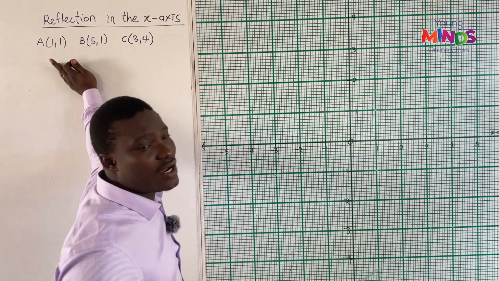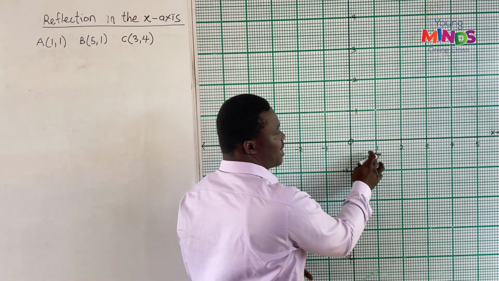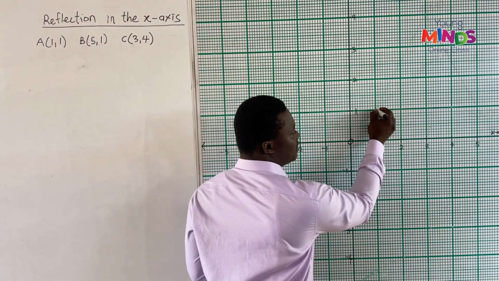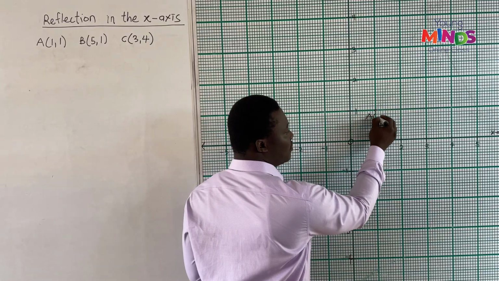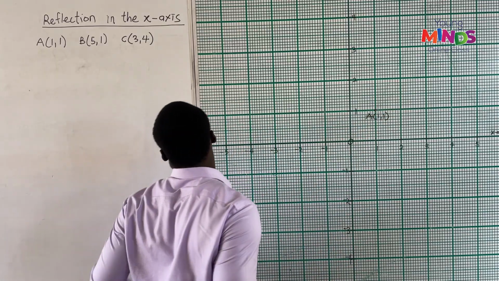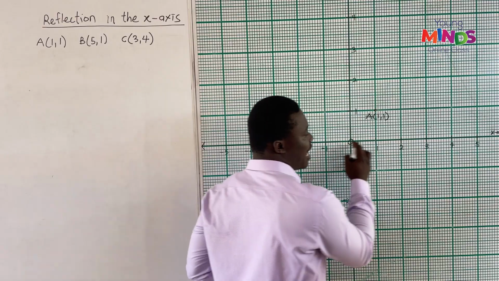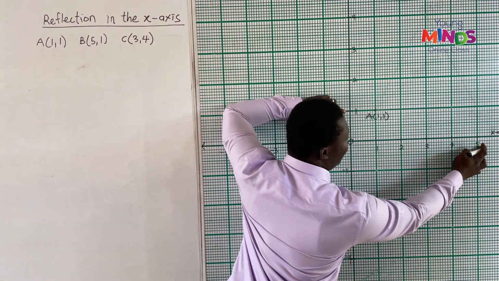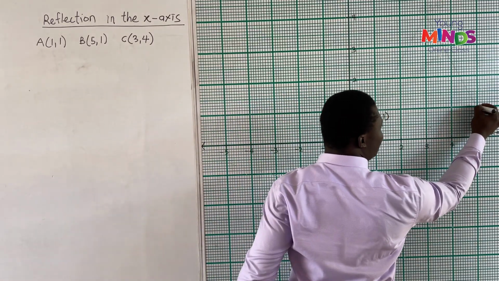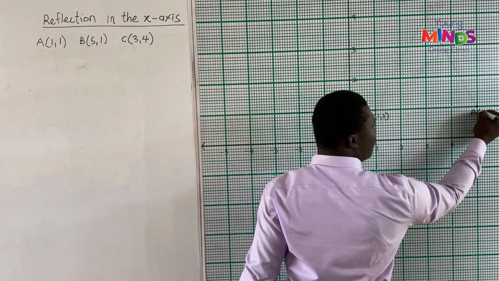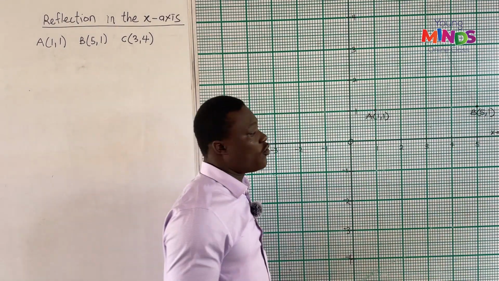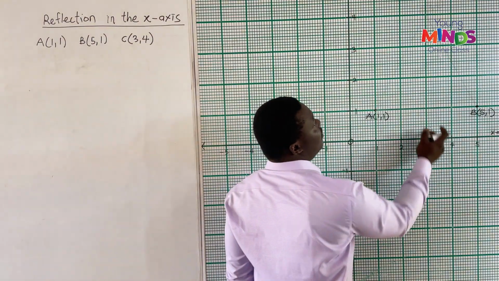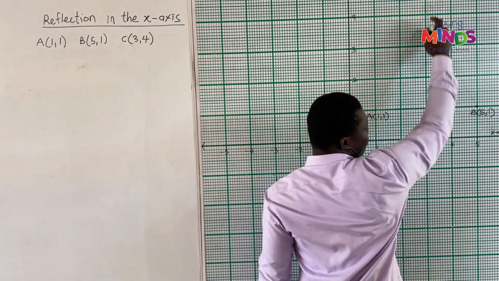Point A (1, 1): 1 on the x-axis and 1 on the y-axis. They will meet here. Point B (5, 1): 5 on the x-axis, 1 on the y-axis. They will meet here. And point C (3, 4): 3 on the x-axis, 4 on the y-axis. They will meet here.